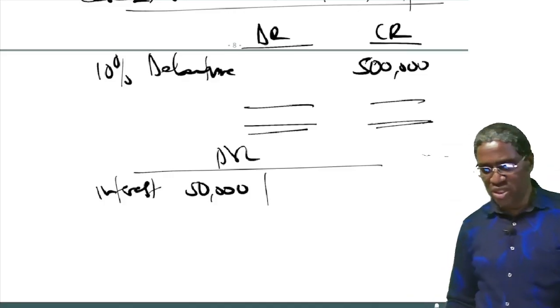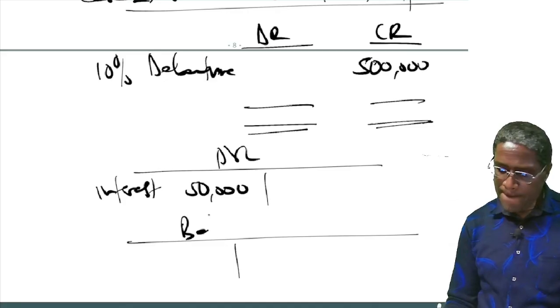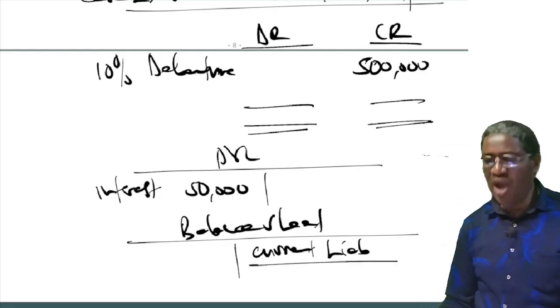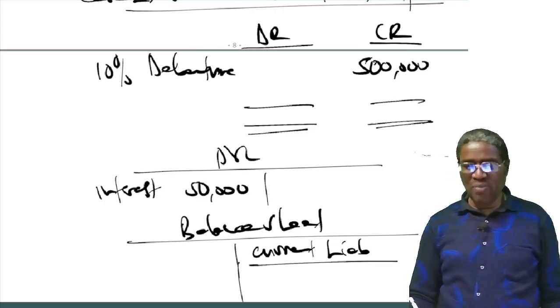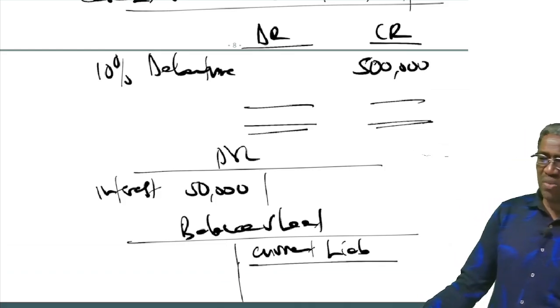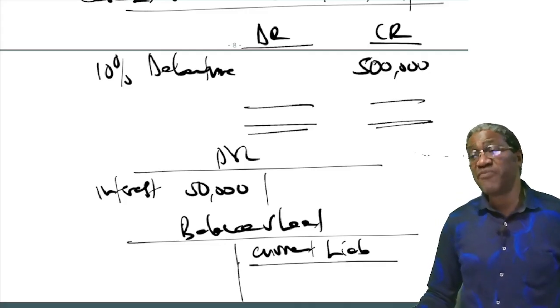Good. So let's show like you are preparing the balance sheet again. Among your current liabilities, you will ask yourself, do I owe my debenture holders anything? According to this trial balance, I've paid them nothing, but I'm supposed to have paid them 50.